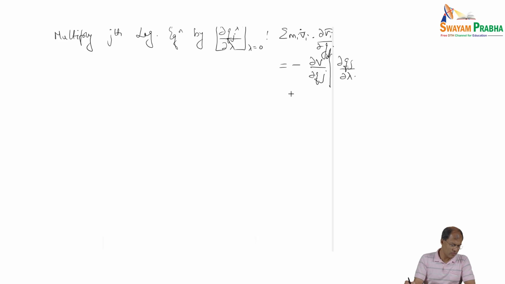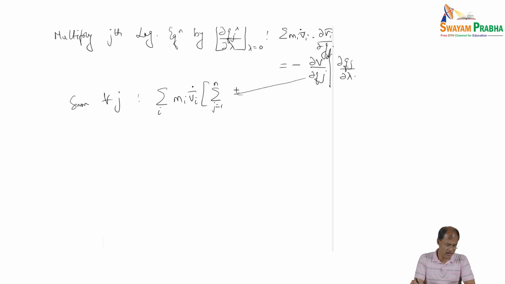We can now rewrite this. We sum over all j, and we find that this is summation over i of mivi dot, times summation over j from 1 to n of partial Ri partial Qj and partial Qj partial lambda, at lambda equal to 0.